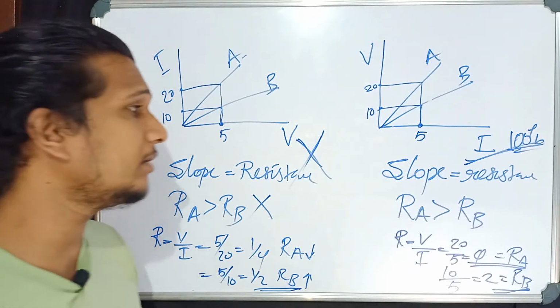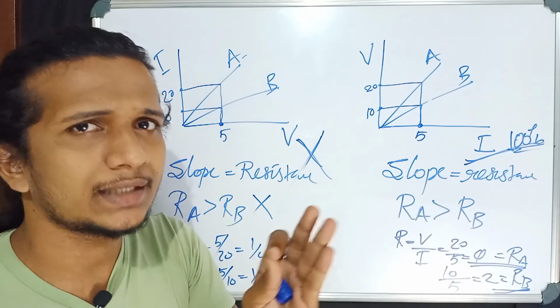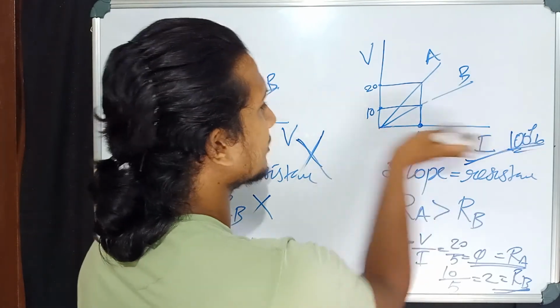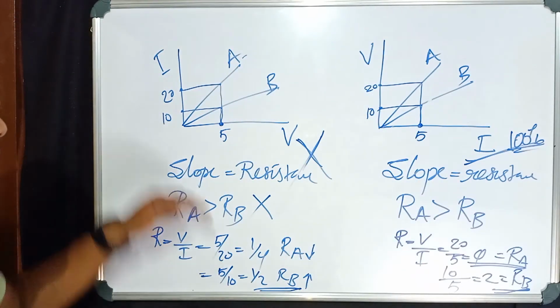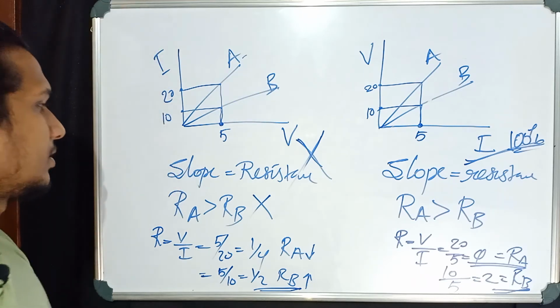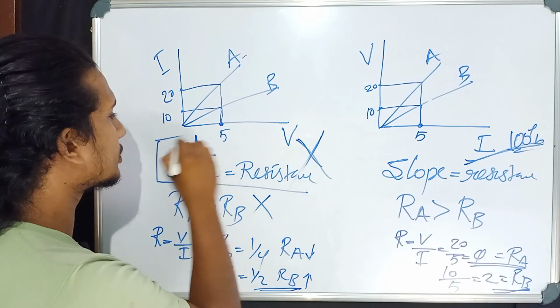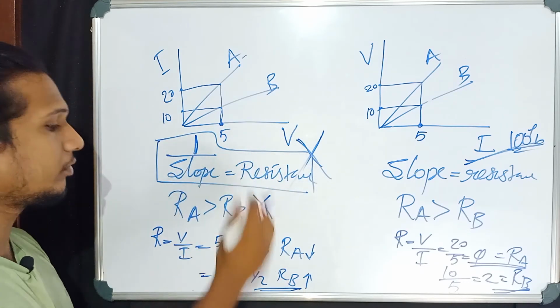For a given V versus I graph, slope equal to resistance is correct. But when? Only and only if I is on the x-axis and V is on the y-axis. If V is on the x-axis and I is on the y-axis, 1 by slope will be equal to resistance. This is very important. 1 by slope will be equal to resistance.